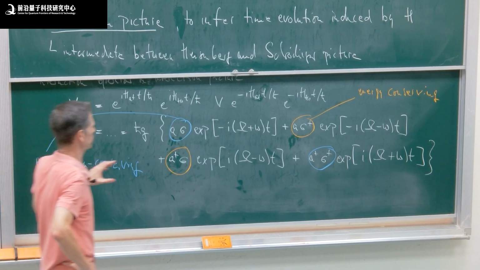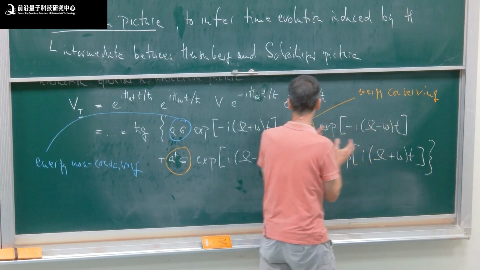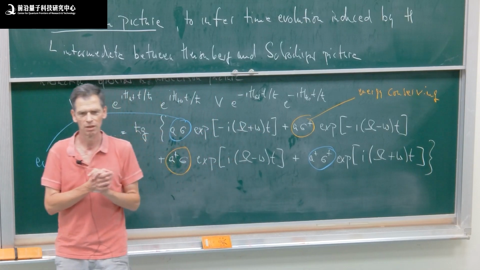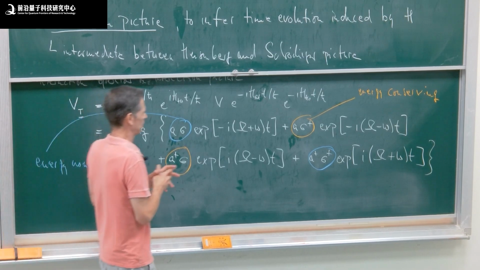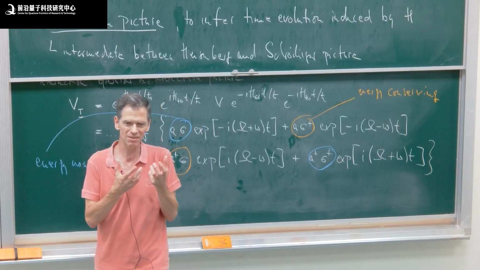In which sense is this time dependence very different from this time dependence if I'm close to resonance, if I require this resonance condition? So are there terms which are oscillating faster than other terms?